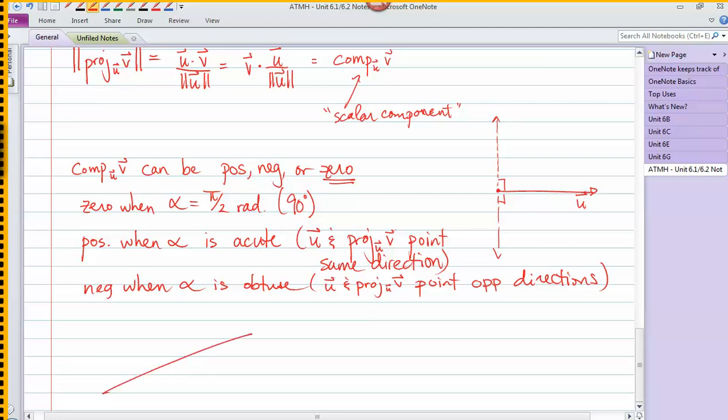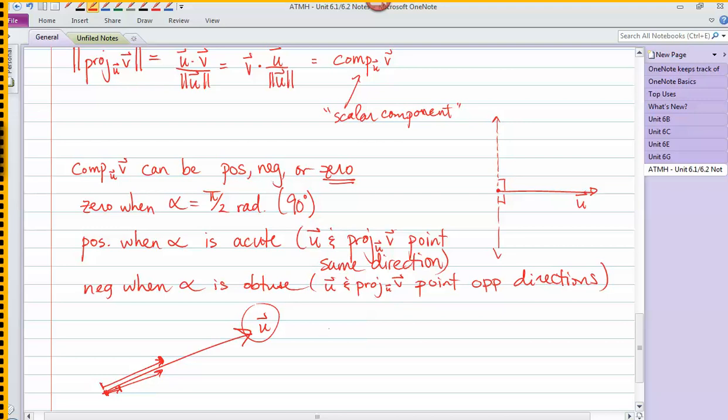So here's the idea. I've got U. Right now, I've got something pointing the same direction as U, and I know how long it is. So if I wanted to figure out what this actual vector is, then I'll take U and shrink it down or stretch it out. In this case, I'll pretend that I'm shrinking it down to a unit vector, so the length is 1. And then if I multiply that by how long I actually want, I'll get my projection vector.